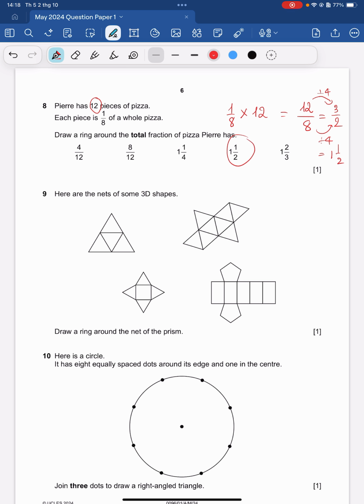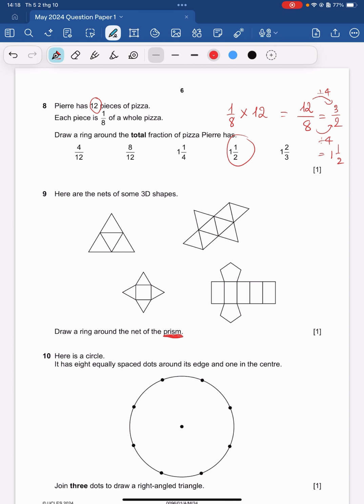This one. Number 9. Here are the nets of some 3D shapes. Draw a ring around the net of the prism. Okay. Prism. Prism, that should be the first one. No, that's a pyramid, right? And next, no, it's not.